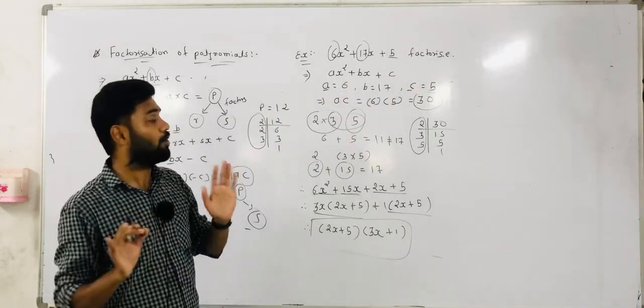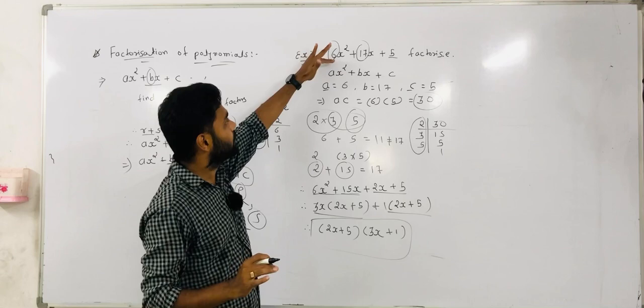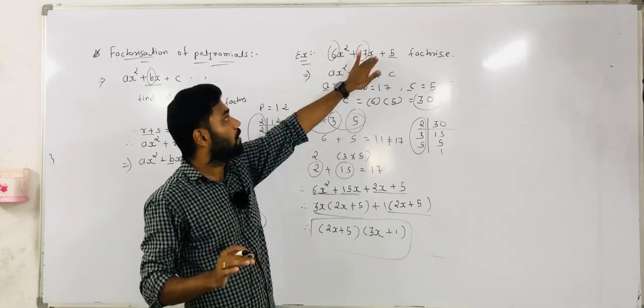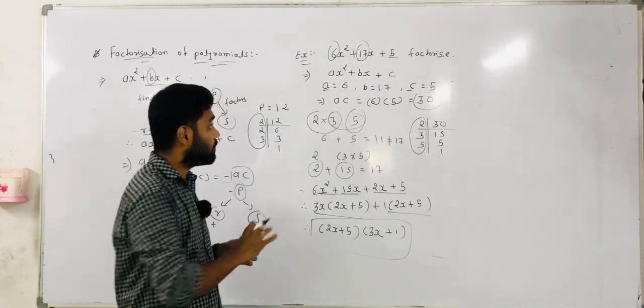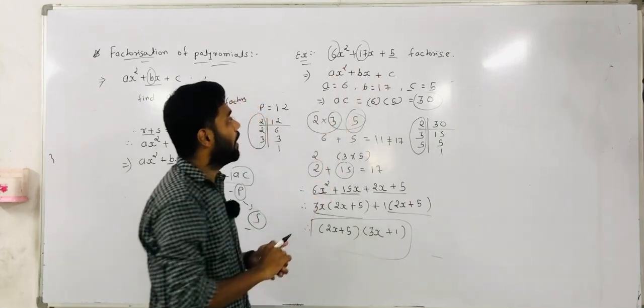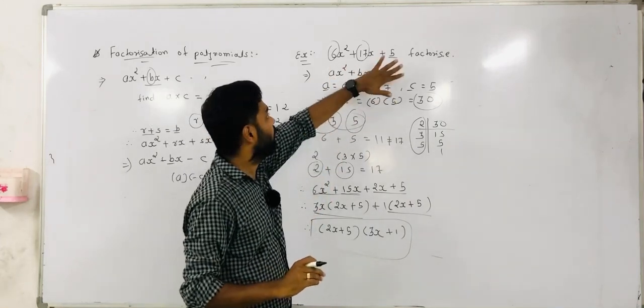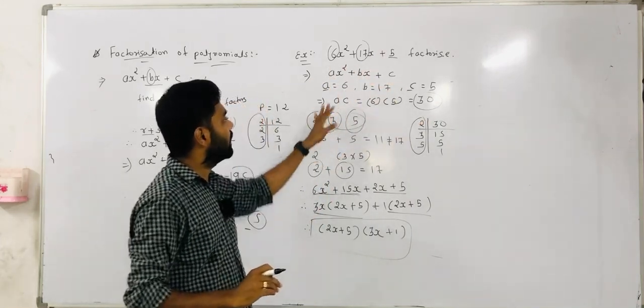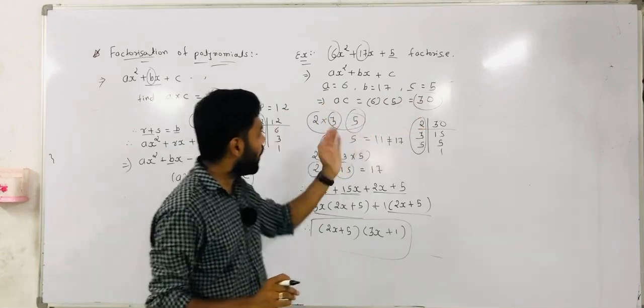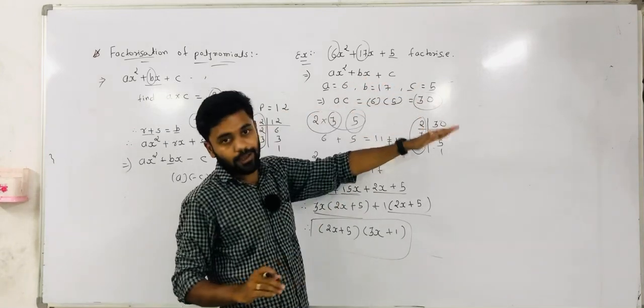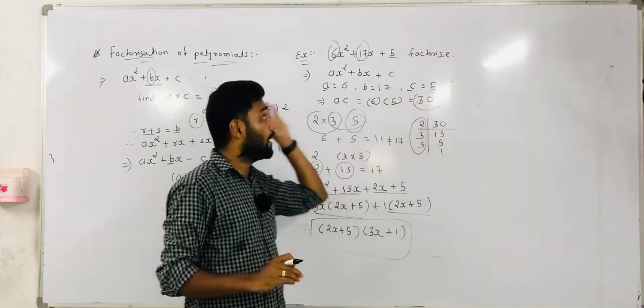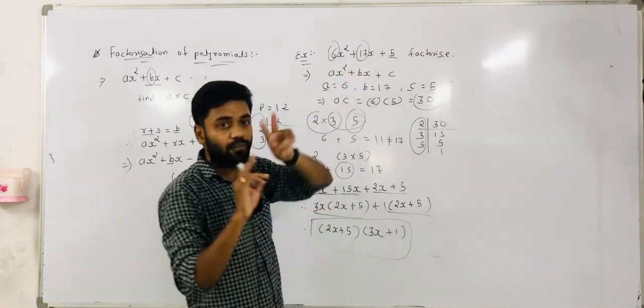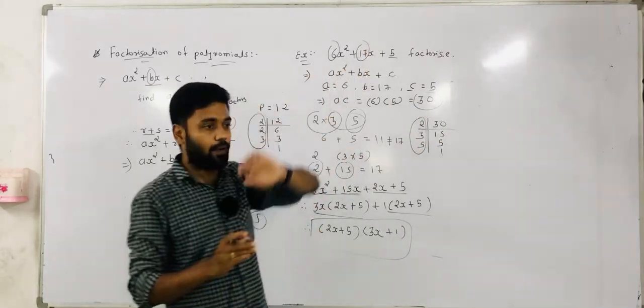First of all, you have to find the coefficient of x square, that is a, the coefficient of x, that is b, and the constant term c. Now find the multiple of a and c. So in this case we got 30. Now split 30 in such a way that the addition of the two factors is 17.